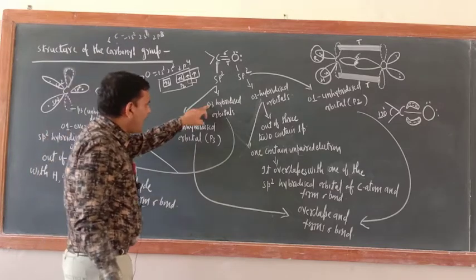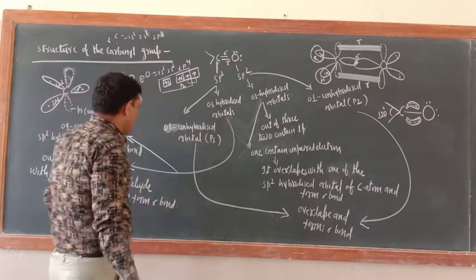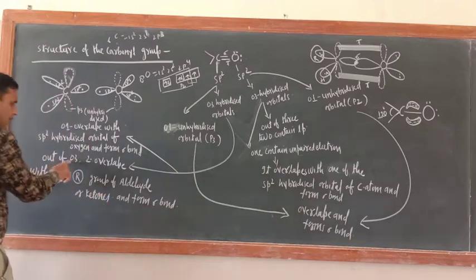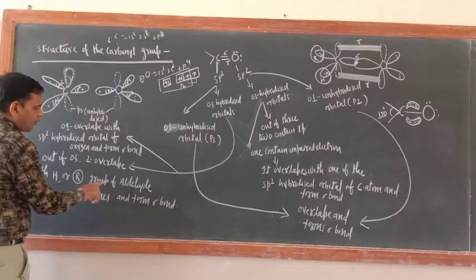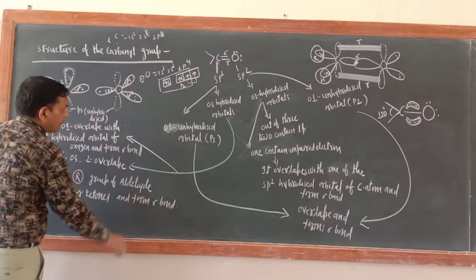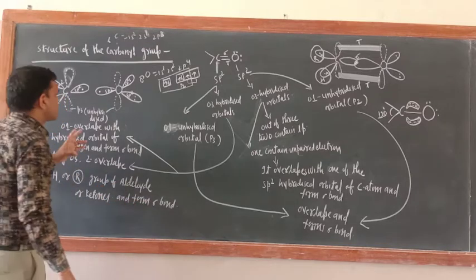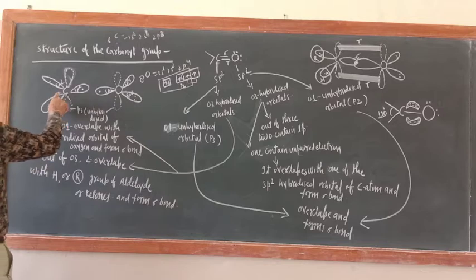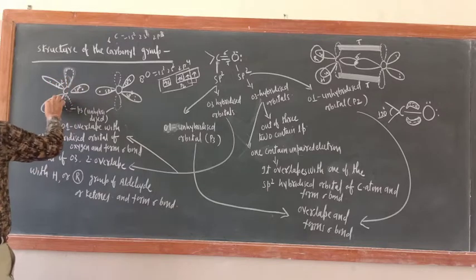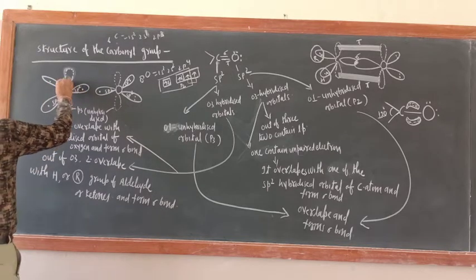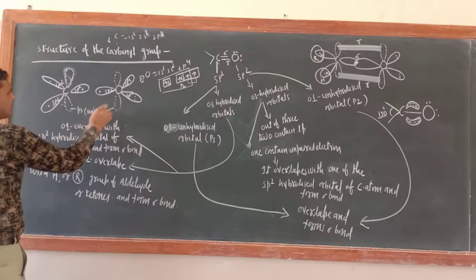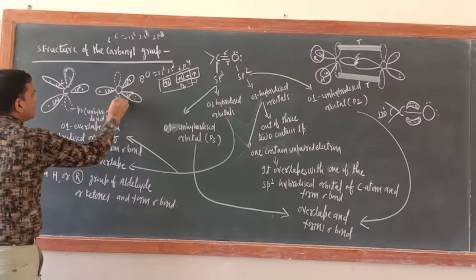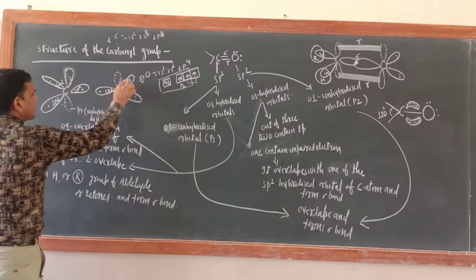Out of 3 hybridized orbitals, 2 overlap with the H and R groups of aldehyde or ketone and form sigma bonds. Just see, 1, 2, 3 orbitals are formed. I have shown the dotted line, this is the unhybridized pz, and here also unhybridized pz.